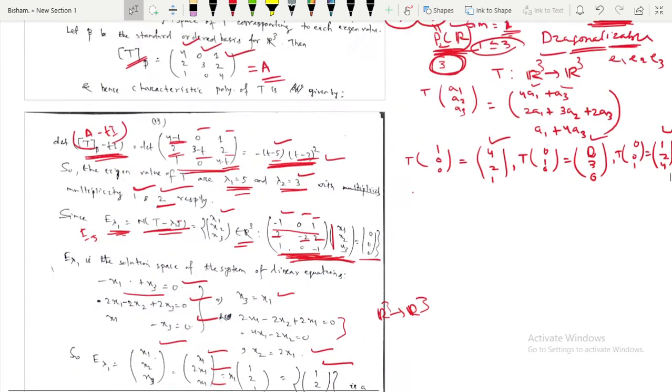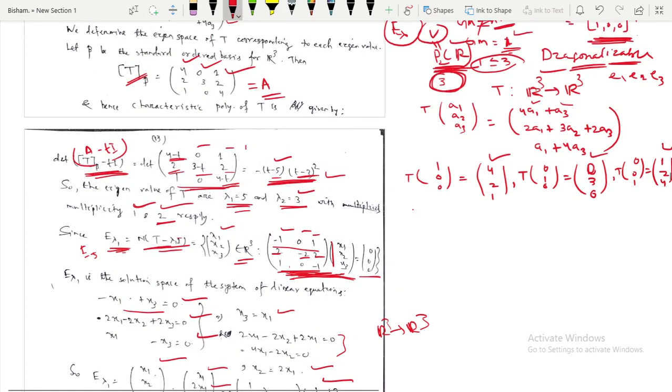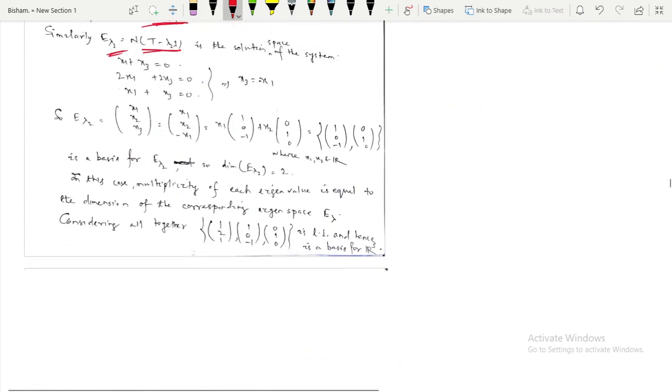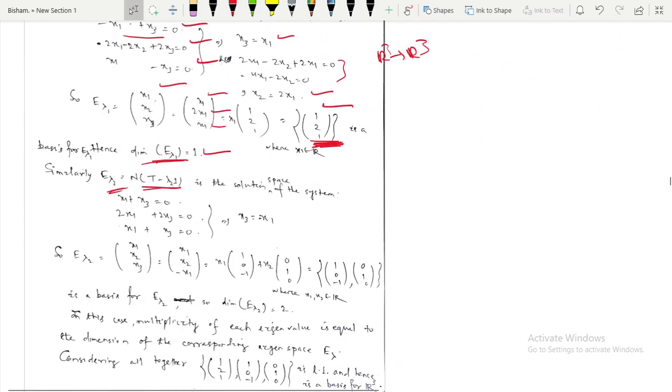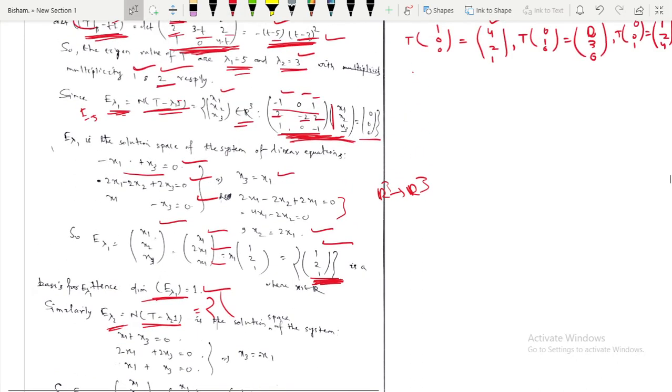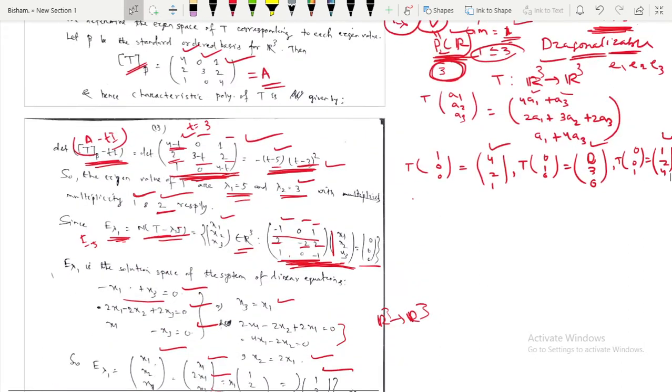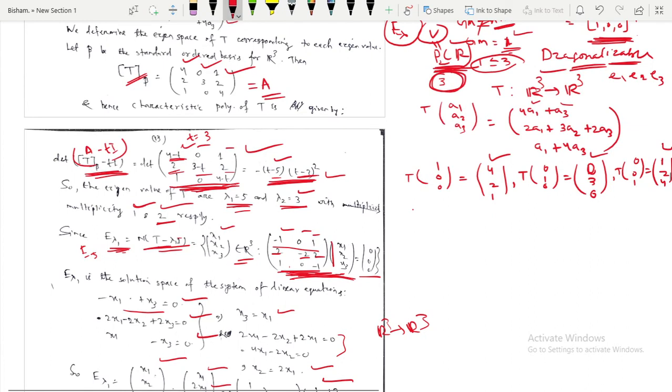So in place of t you have to write 3 in this matrix.